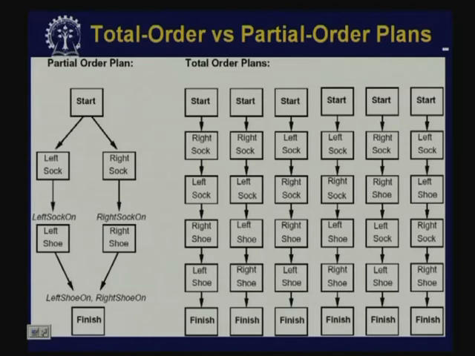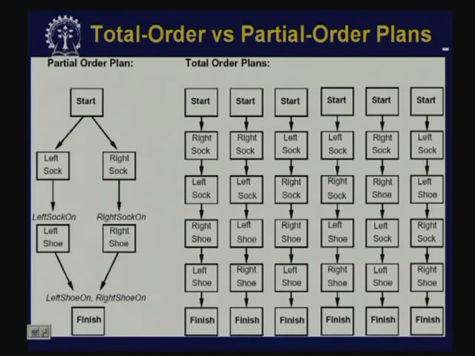Suppose this example is from Russell and Norvig's book Artificial Intelligence: A Modern Approach. The objective is to put on your socks and shoes every morning before you go out. Now, you can put on your socks and shoes in many different orders, but you must put your right sock on before you can put your right shoe on, and you must put your left sock on before you put your left shoe on.